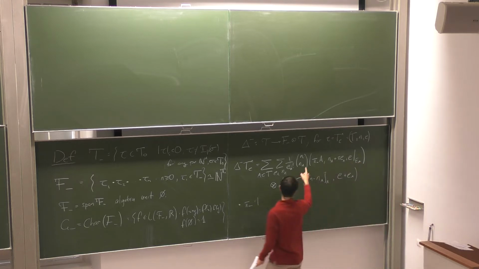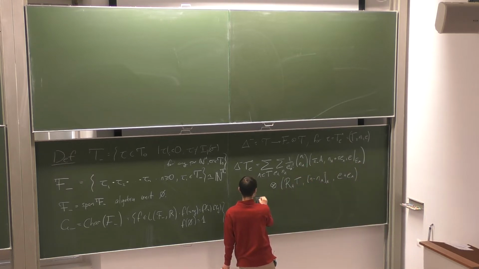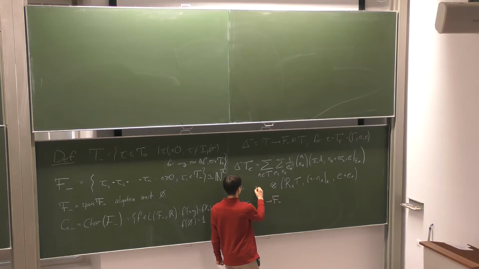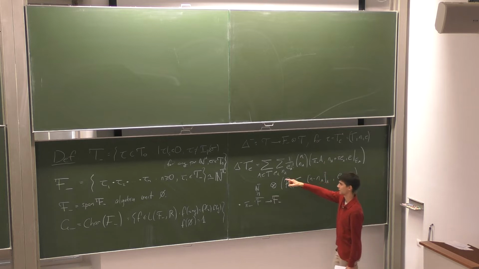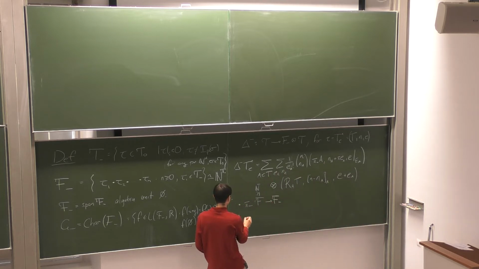So to define the forest, this is just the natural map from the set of forests into F minus, where this is just n to all trees. So in principle, I could have extracted. Okay, so I haven't actually defined what A is.